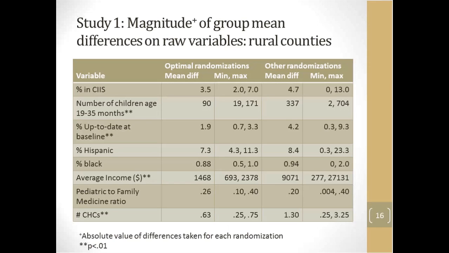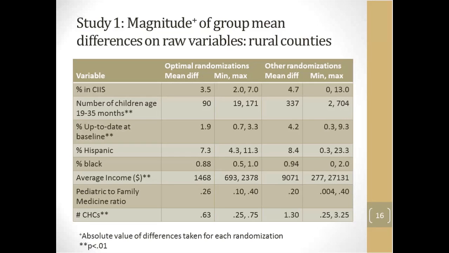So percent CIIS, clearly it was better in the optimal randomizations, but not significantly better. Now, we were constrained, so the maximum difference was only 7% in the optimal randomizations, and it could have gone all the way up to 13% if you were unlucky in the remainder.